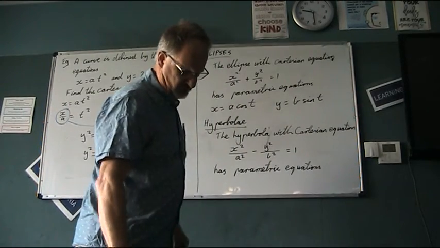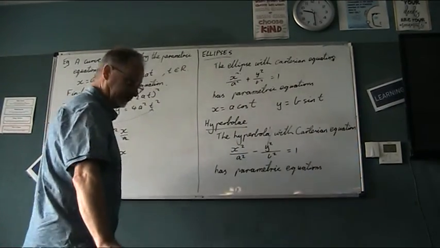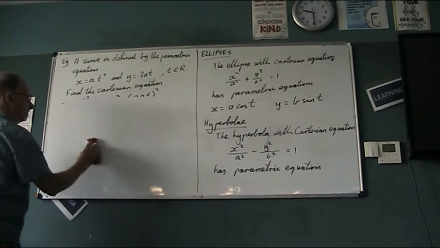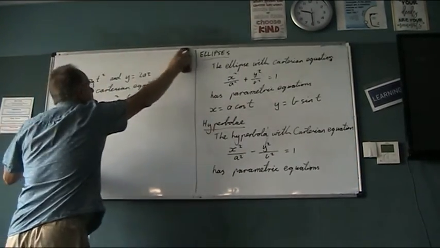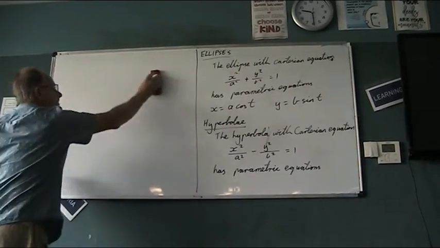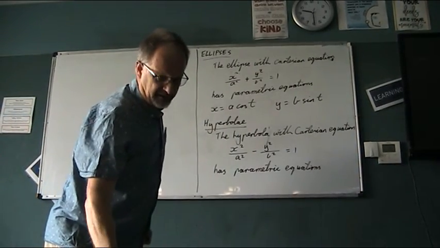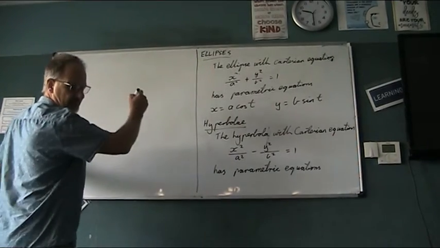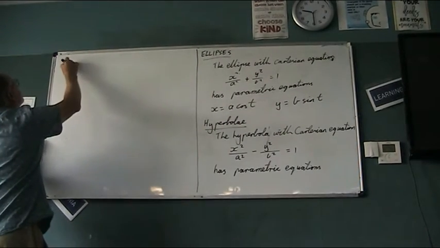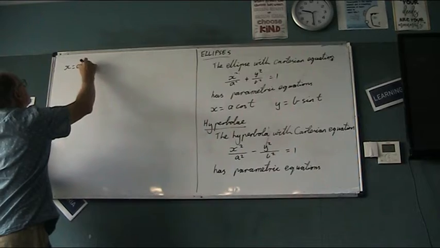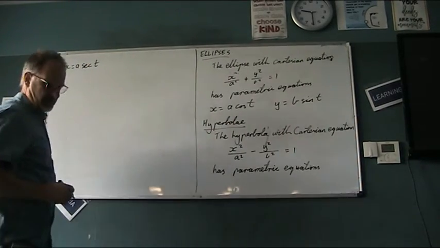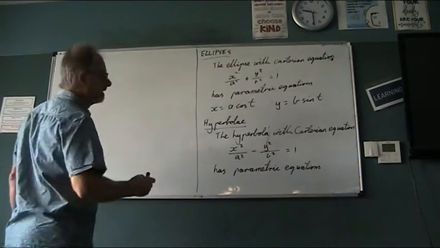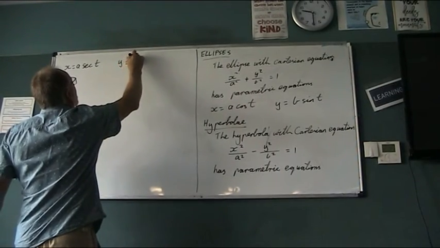Their parametric equations end up being this: x is a sec t and y is b tan t.